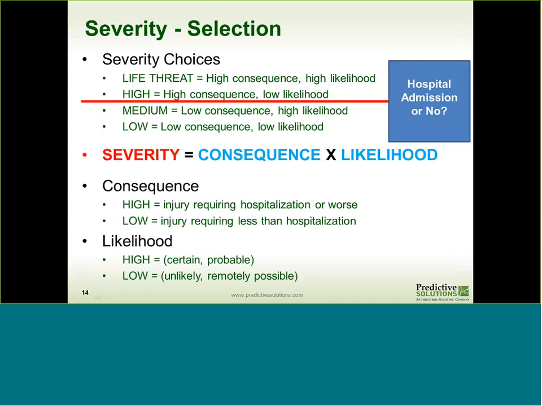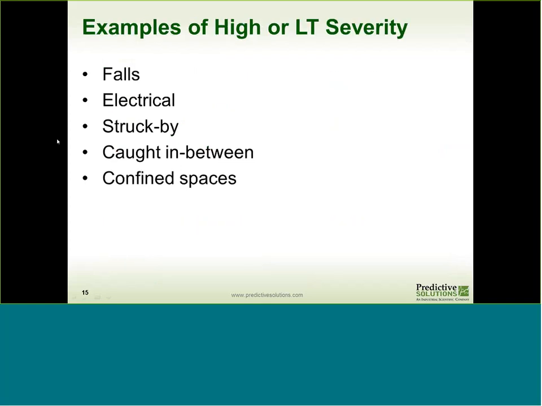So severity is consequence times likelihood. Determine your consequence, determine your likelihood, and it should fall in line with one of your choices. Okay? Here are some examples of higher life threat, meaning high consequence types of activities. Falls from an elevation, electrical, struck by, like mobile equipment or a crane.